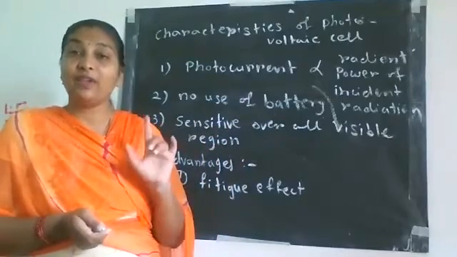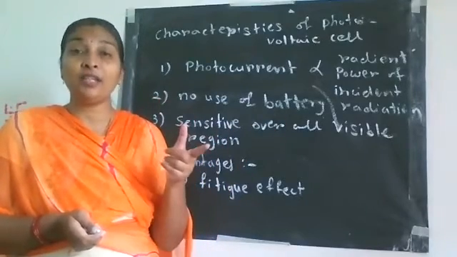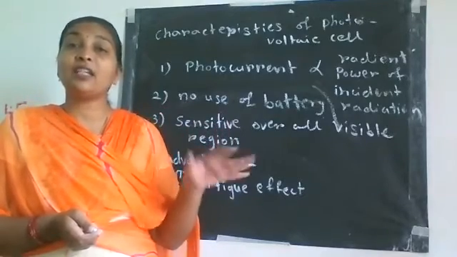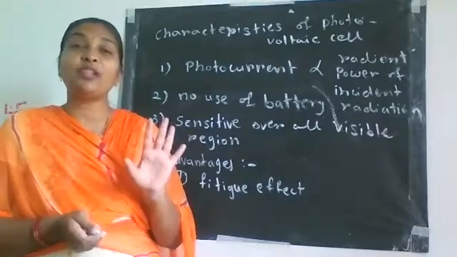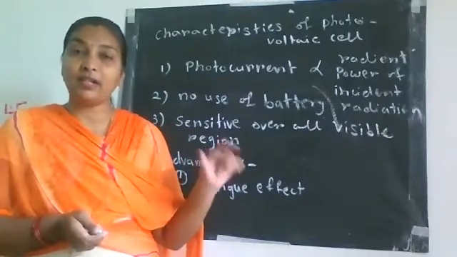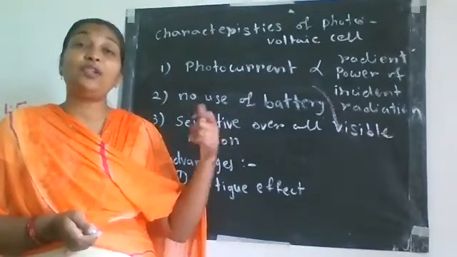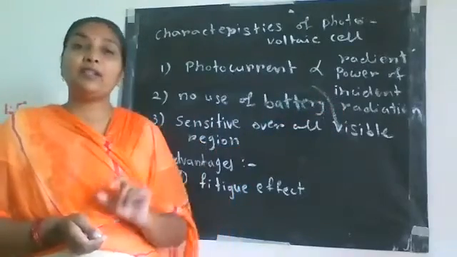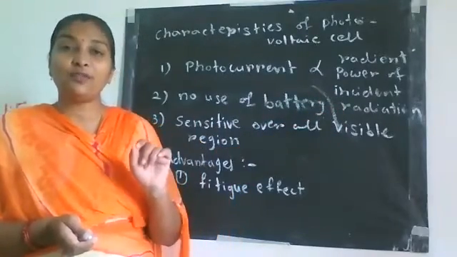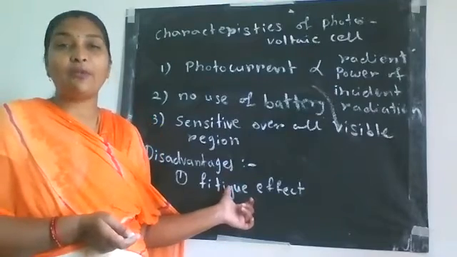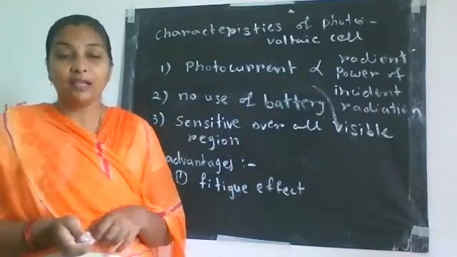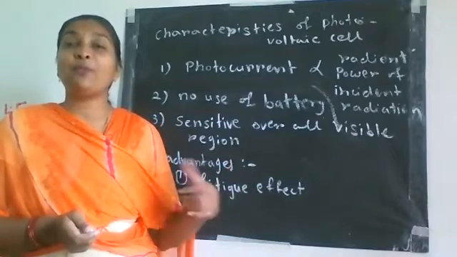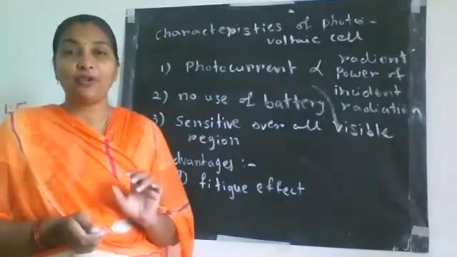So when there is continuous illumination of the radiations on the detector, the current produced by the detector decreases slowly, and thus you will not get the exact amount of photocurrent produced, and thus you will not be able to measure the exact radiant power of the incident radiation. So this is one major fault, or disadvantage or drawback, of the photovoltaic cell. This is very important because in spectroscopy the measurement of current is very important.